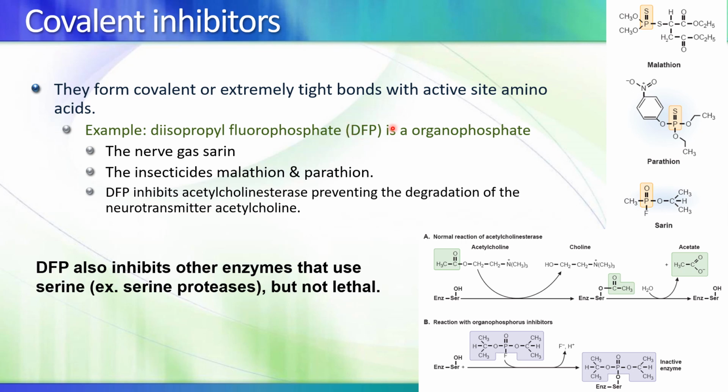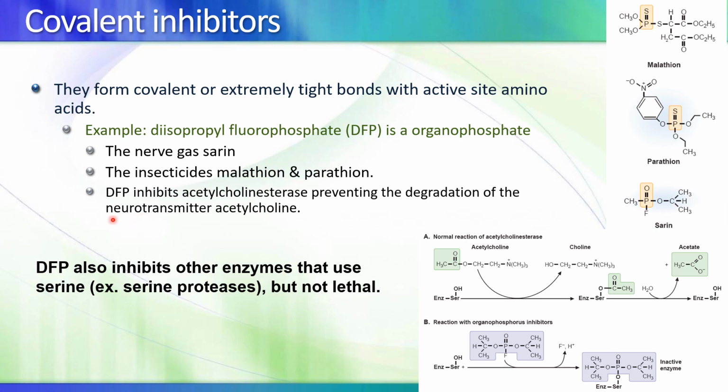Now this molecule right here is a killer. It's the same chemical that is used in nerve gas, in sarin gas. That is, what they call chemical weapons. The same chemical is also used as an insecticide.